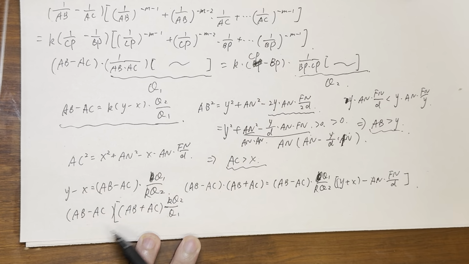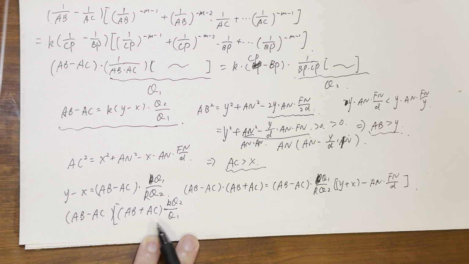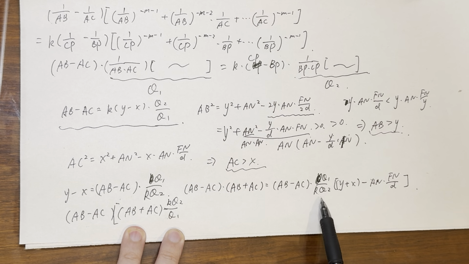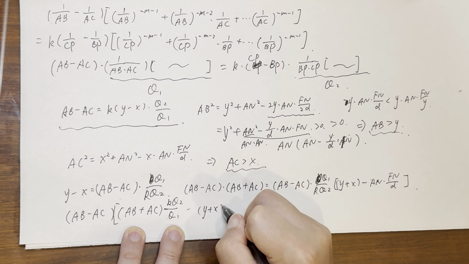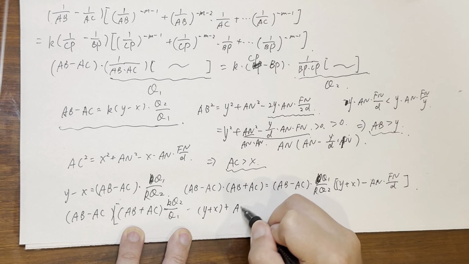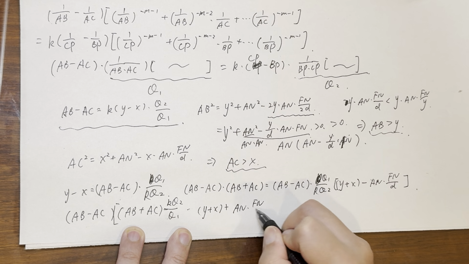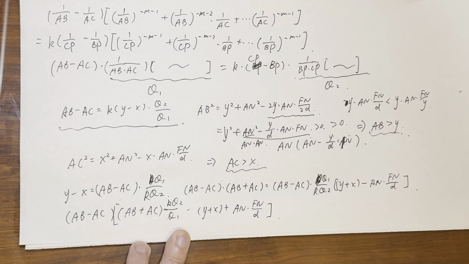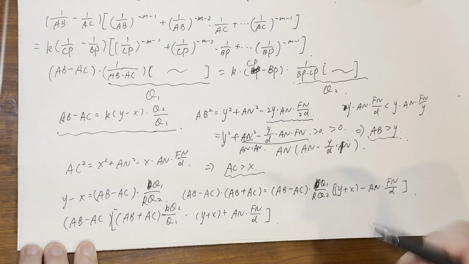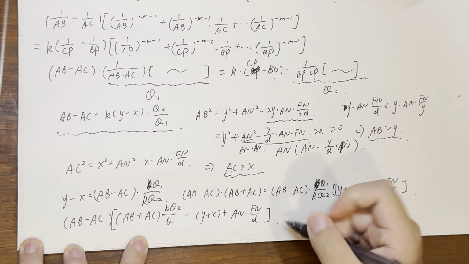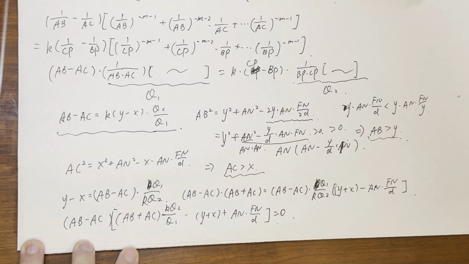Now we have AB minus AC times AB plus AC times KQ2 divided by Q1, and then minus all of this, minus 1 plus X plus AN times FN 2D. Okay, now let's think about this one equals 0, right?